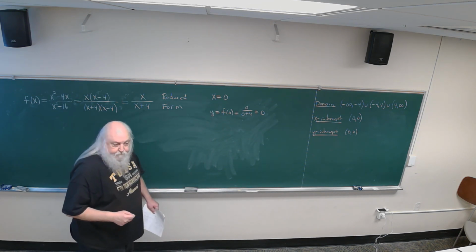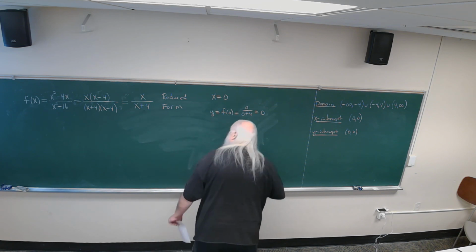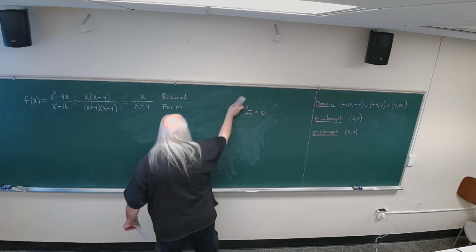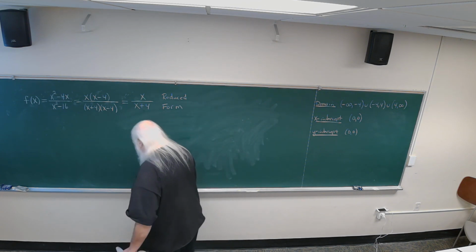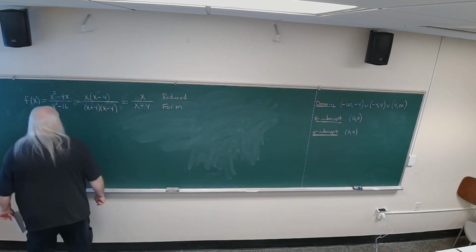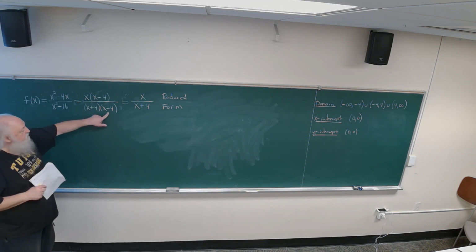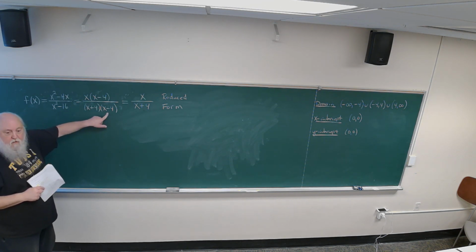All right. Now, to find the equation of the vertical asymptote or asymptotes, okay. Well, the common factor of x minus 4 in the numerator and denominator creates a hole in the graph, if you remember from section 1.5.